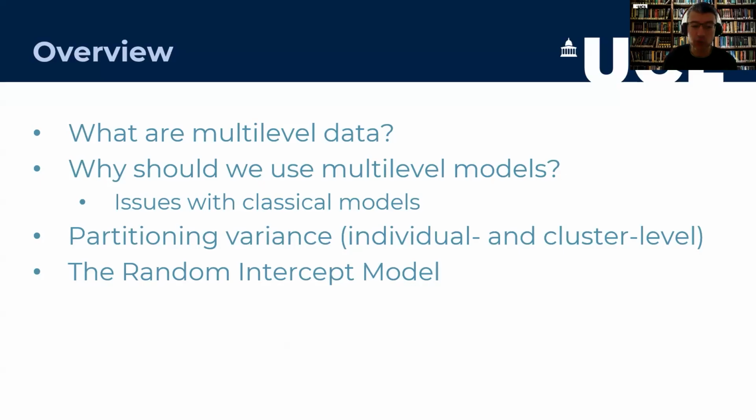Then we will also introduce this idea of partitioning the variance, and therefore distinguishing between the so-called individual and cluster level variances. And having done that, we will then introduce the first model, that is the so-called random intercept model. And we will see how also results from these models are interpreted.